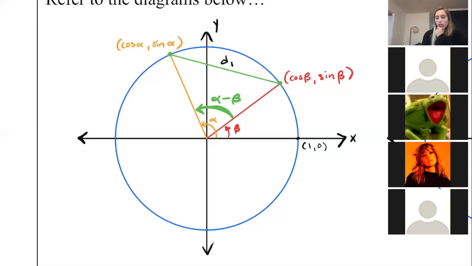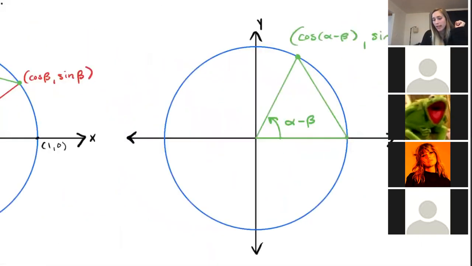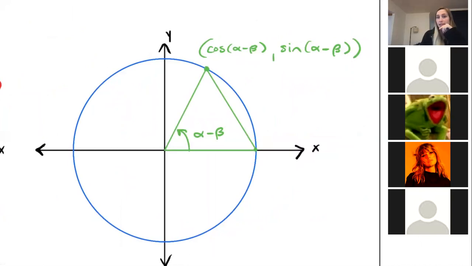Okay, so I want you to think about taking that angle alpha minus beta and rotating it so that it's in standard position. That's what this picture is. Meaning that it starts on the positive x-axis and rotates in the counterclockwise direction.